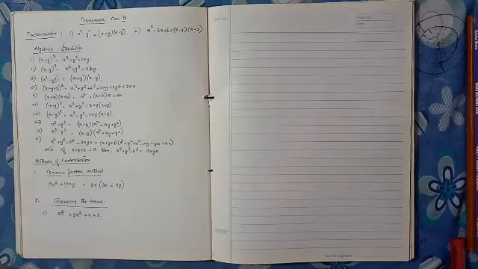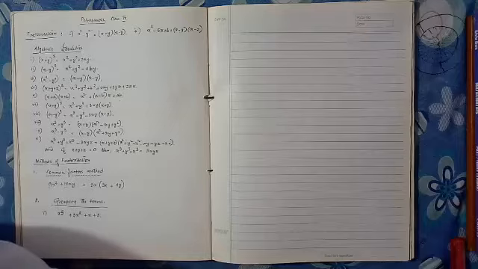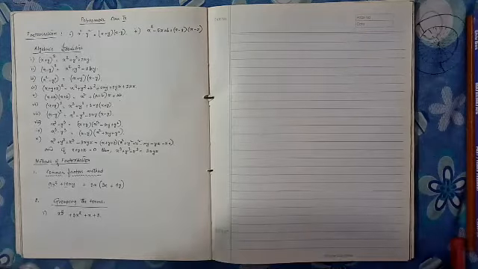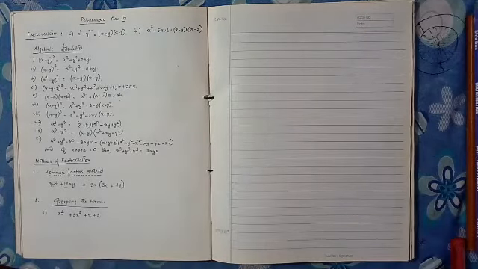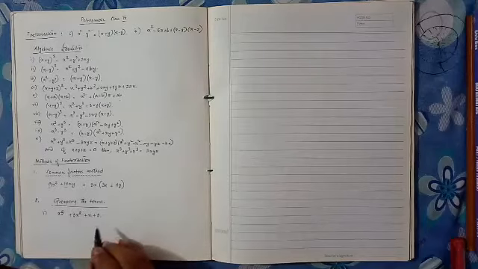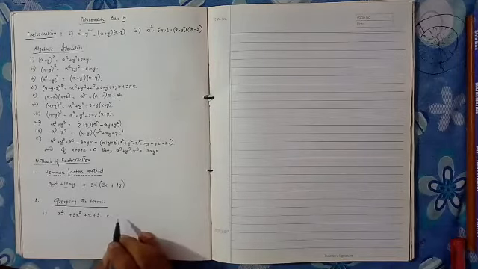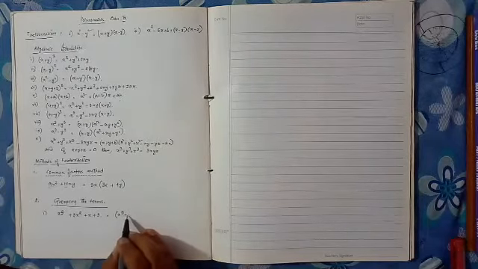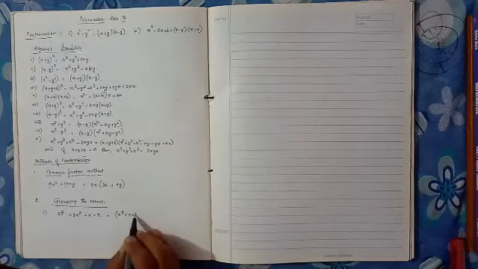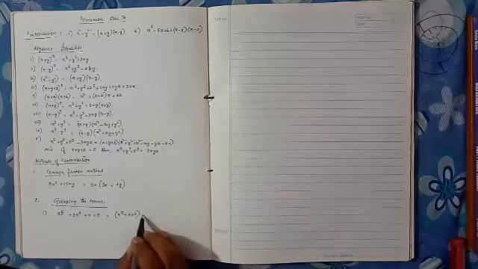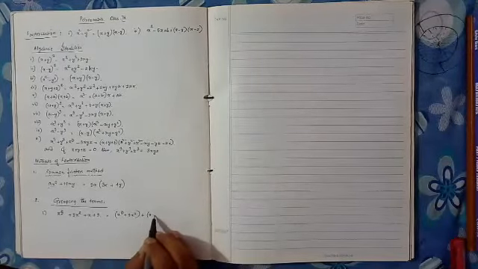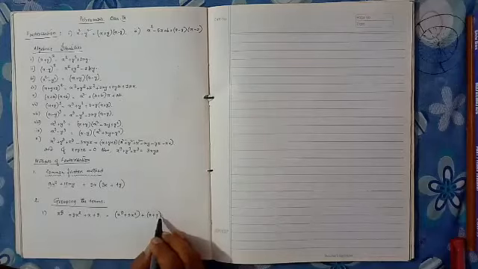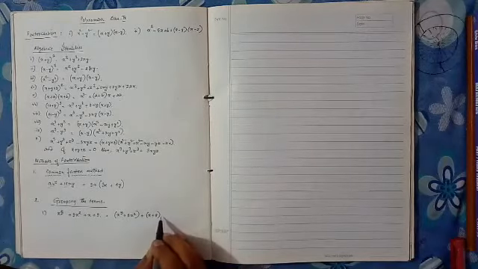By this grouping terms method, we have to factorize the expression. What to do? First let us make the group: x cube plus 3x square plus x plus 3. This is the group.